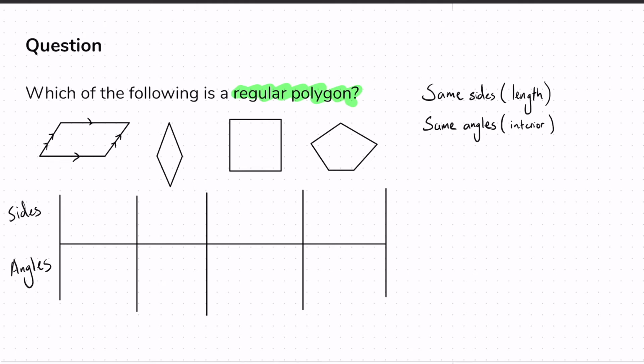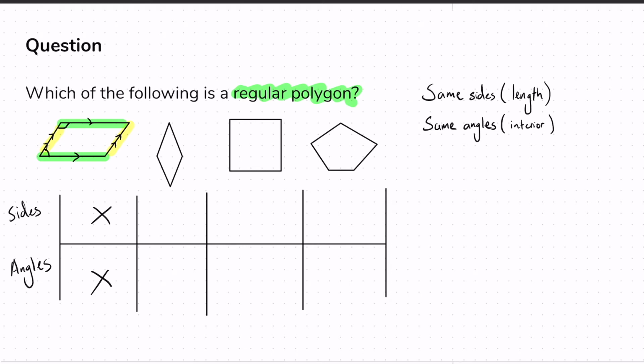Now, immediately these sides are going to be the same, and these sides are going to be the same, but they're not the same as each other, right? So all four sides aren't the same, and the angles aren't the same. So immediately I know that the first shape is not a regular polygon.